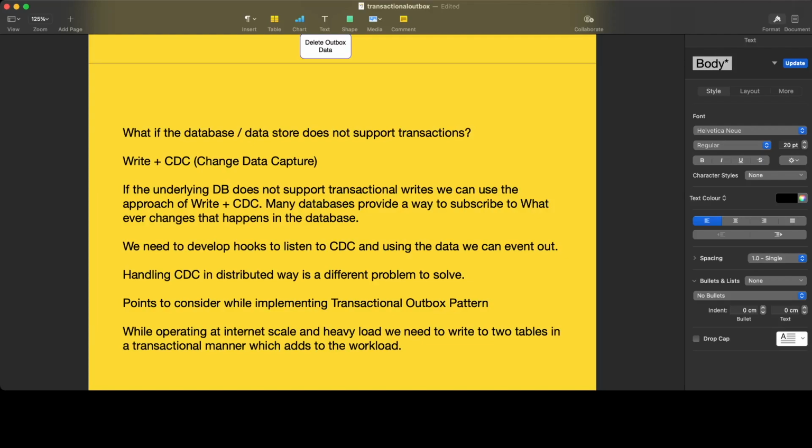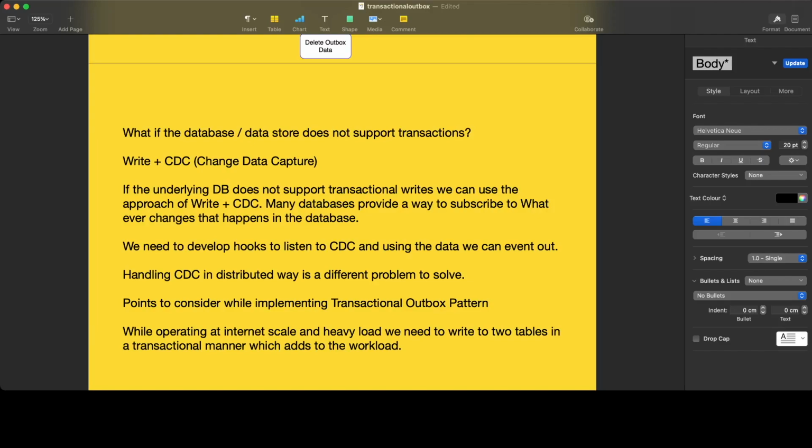So what is change data capture? Change data capture is an eventing mechanism offered by most database providers. Whenever a change happens to the database, the underlying database emits: this is the change which has happened, this was the previous state, this is the current state.